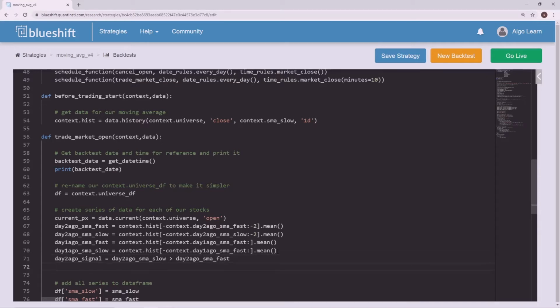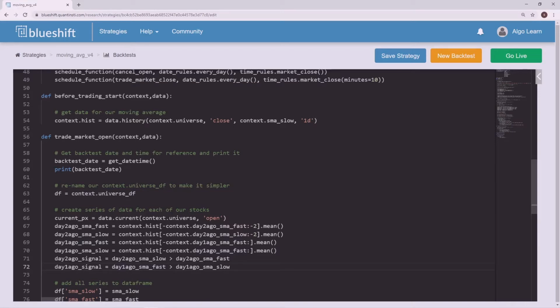All right, and then let's do our day 1 ago signal. Day 1 ago SMA fast is greater than day 1 ago slow. So we're doing a Boolean for each of these. So these Booleans right here are going to return, oh, see a mistake.